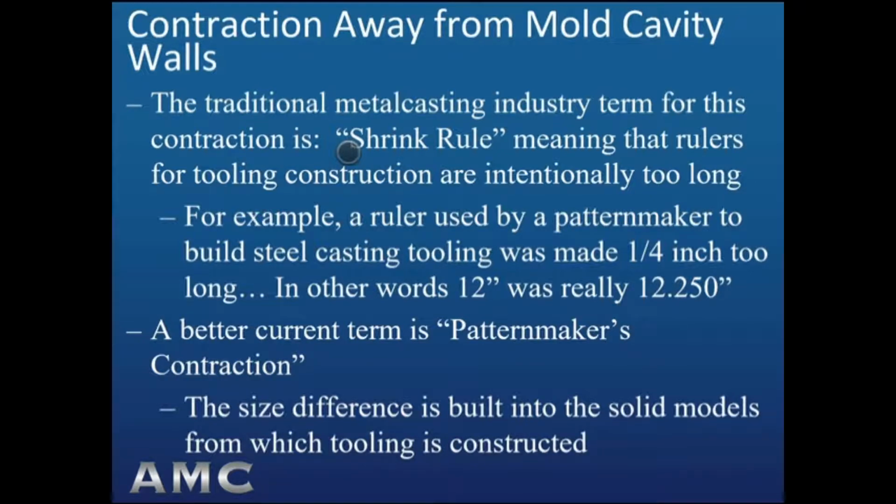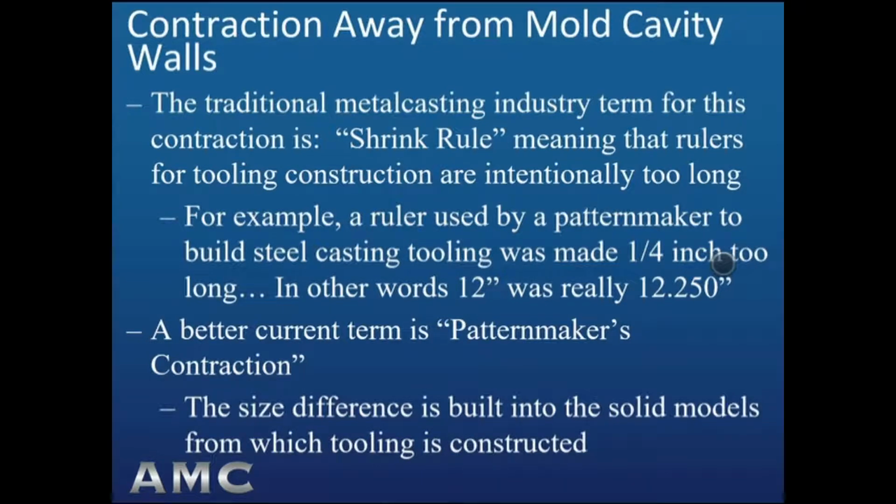Well, when we were building tooling with wood and plastic before the advent of solid models and making tooling directly by additive and subtractive manufacturing techniques from those solid models, pattern makers like myself had what we called a shrink rule. So if I was making a steel casting, I would actually have a ruler that was 1/4 inch too long for a 12-inch dimension.